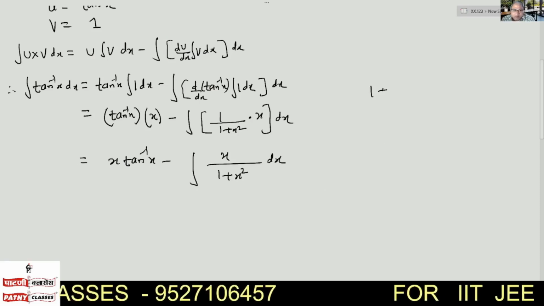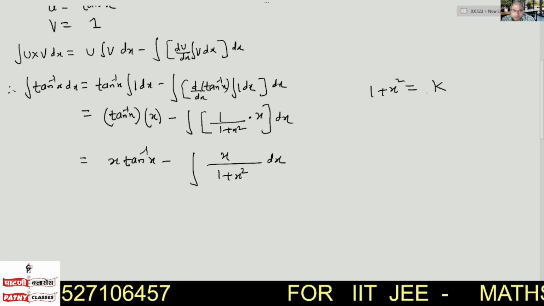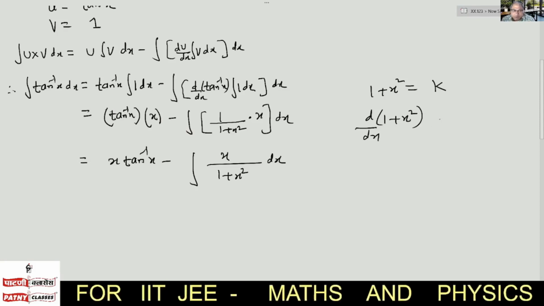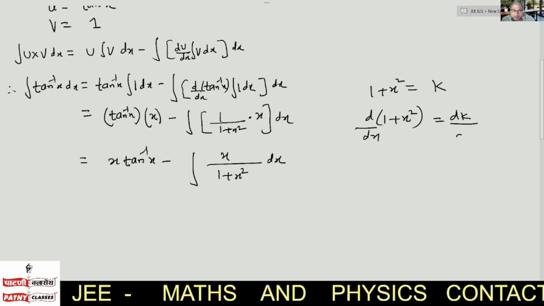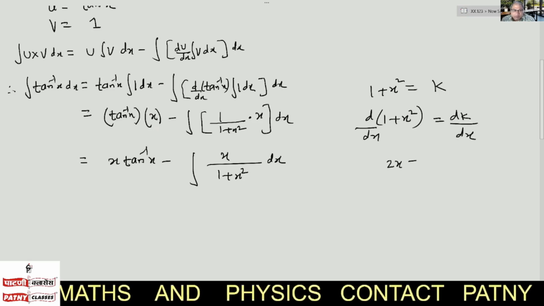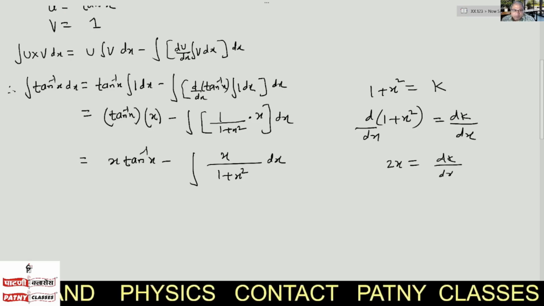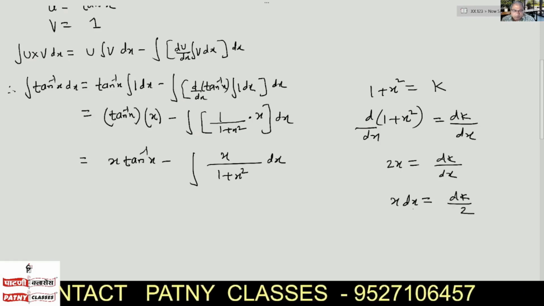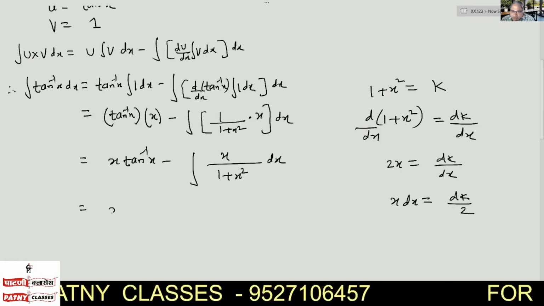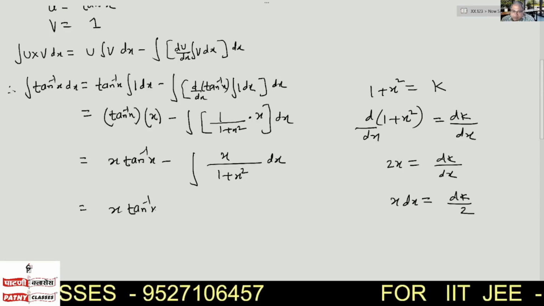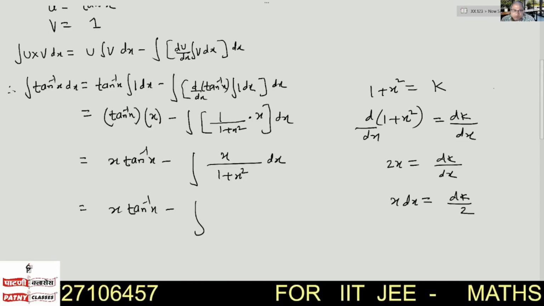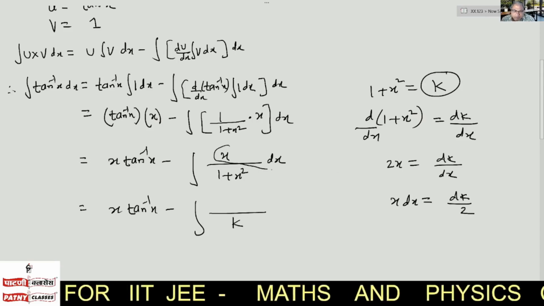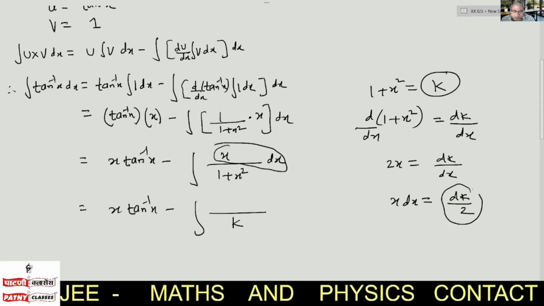Now we can say 1 plus x square equals k. Differentiation of 1 plus x square with respect to x equals dk by dx. 2x equals dk by dx. Therefore x dx is equivalent to dk by 2. Change of variable method. So here x tan inverse x minus, 1 plus x square is nothing but k. Therefore here upon k, and x dx equals dk by 2.